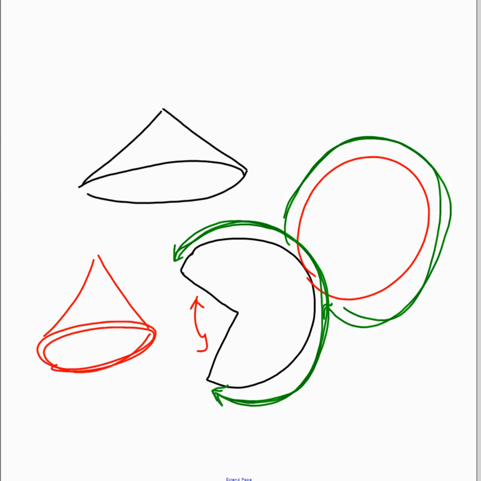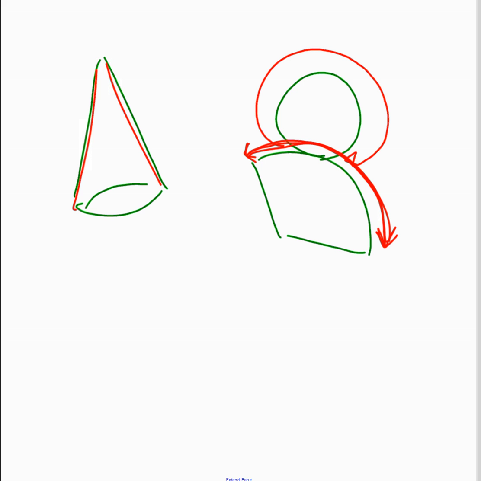So if I had a cone that was more like this, then it might be a piece of a circle that was more like that. And again, I'm going to have that circle, and the circumference around that circle will be the same as the distance around the portion of my circle that forms this part, the lateral surface of the cone.